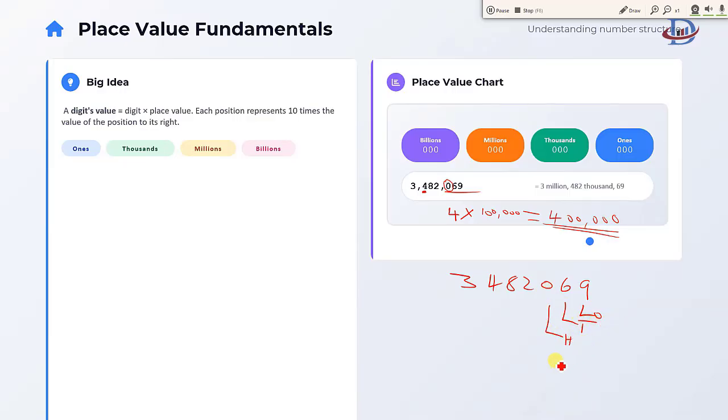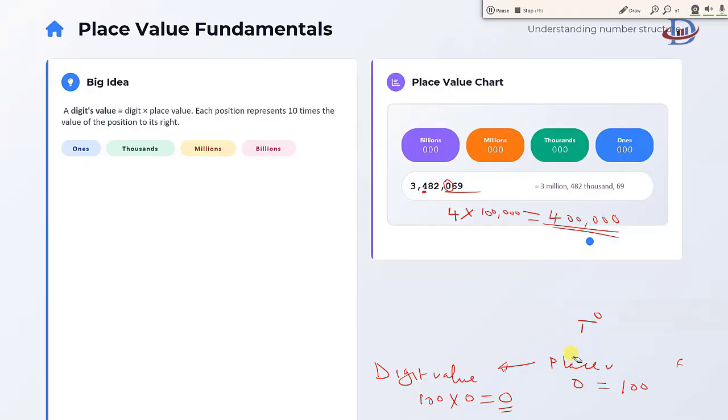So the place value of 0 equals 100. But the digit value of 0 will be equal to 100 times 0, which equals 0. So the digit value is 0, but the place value is 100. So it holds the position in the given number, and that position is meaningful.